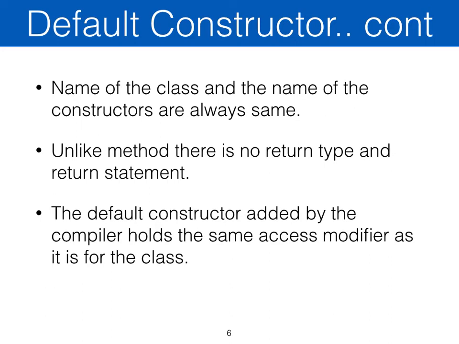The first two points, name of the class and name of the constructor are always the same, and unlike method, there is no return type and return statement, are true for all constructors, whether it is default constructor or parameterized constructor.